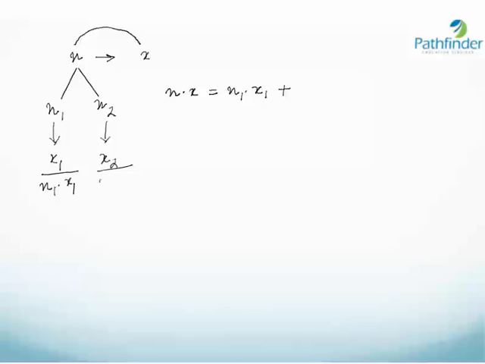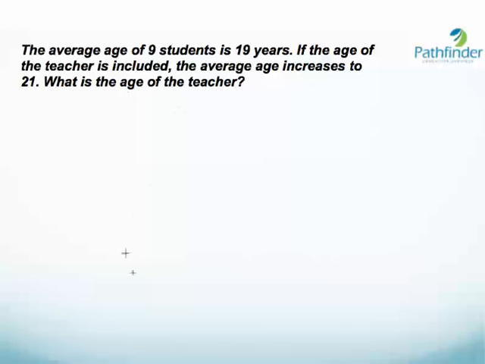And what is the sum of the second part? It must be n2 into x2. So this basic equation will help us solve the category of word problems that we will discuss very shortly. Let us take a look.